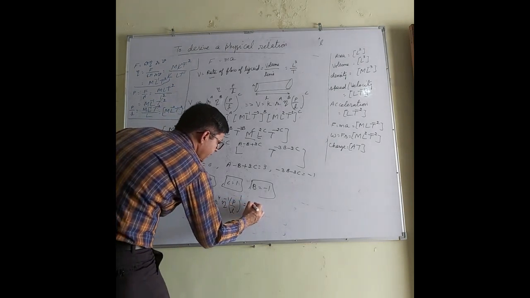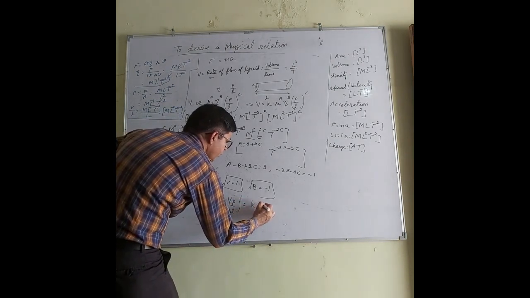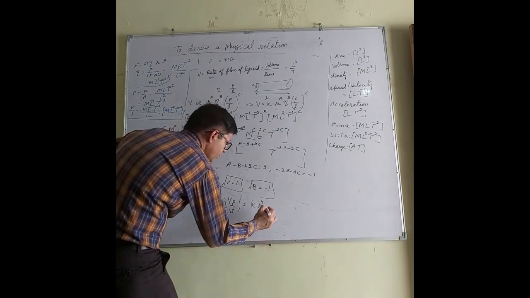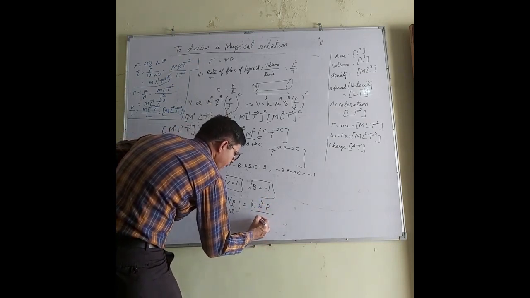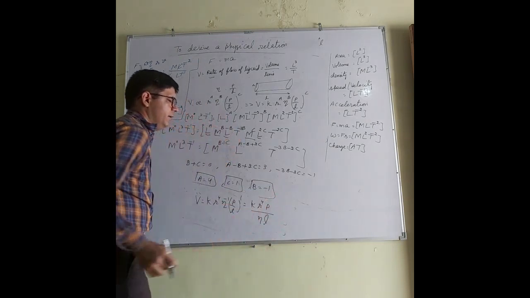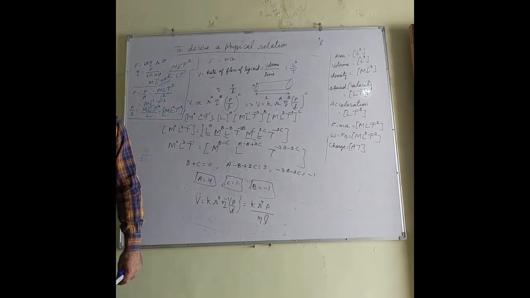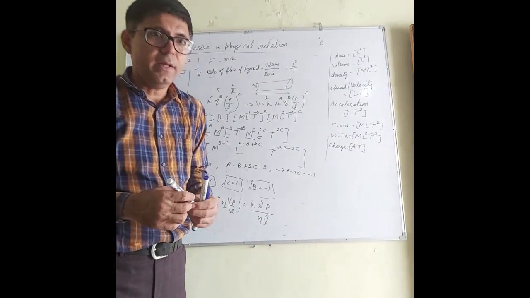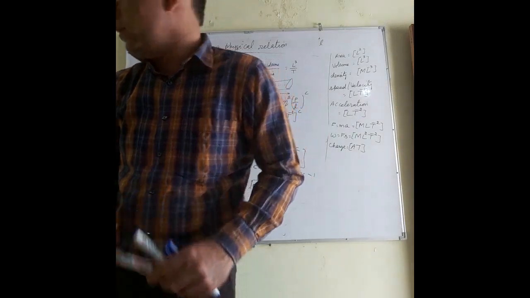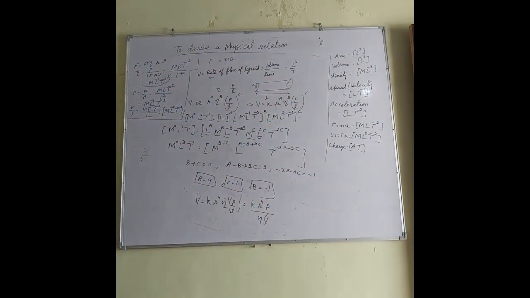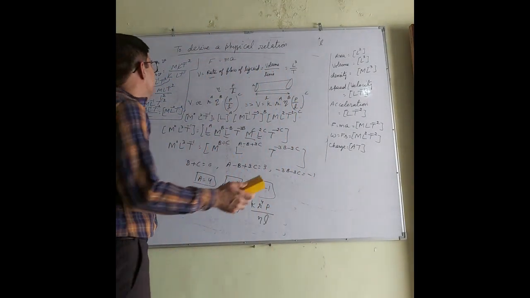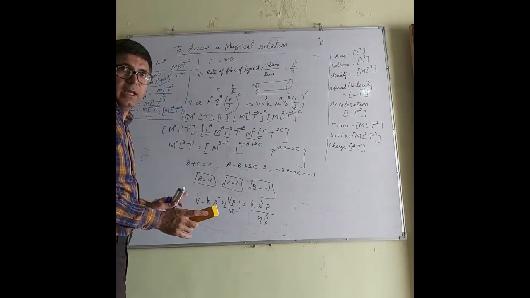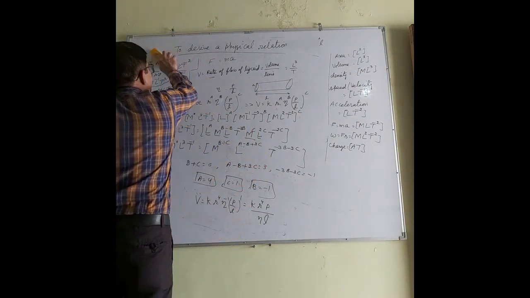So you can write K R to the power 4 P upon eta L. So this is the required proof. So this was that. Now there are some important numericals which are left. Give the duster to me. Thank you. So clear? Any problem, you can ask me.